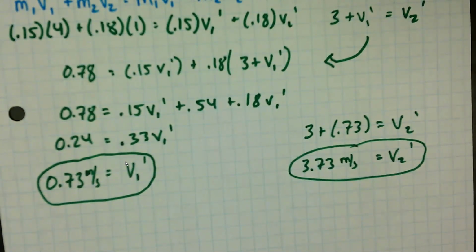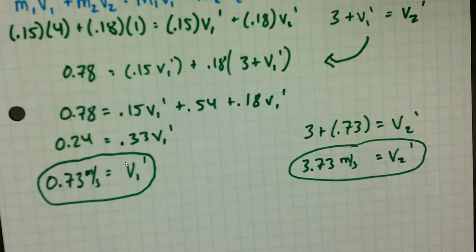A pattern you may have noticed is that on the homework, unless I had one that was stuck together, you had to know something about what one of the objects was doing afterwards, right? Which is inconvenient, because usually you're trying to predict something that's going to happen. If you can't predict it until you know something afterwards, it's just not as useful. So elastic collisions are useful because I can take initial conditions and get final conditions without knowing anything ahead of time.